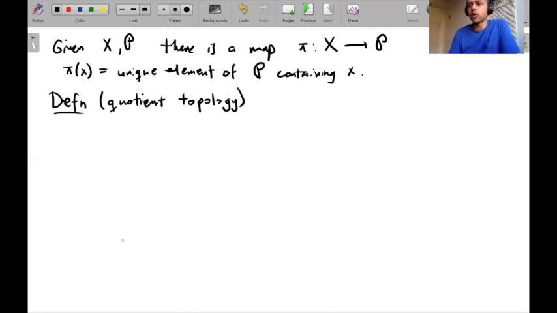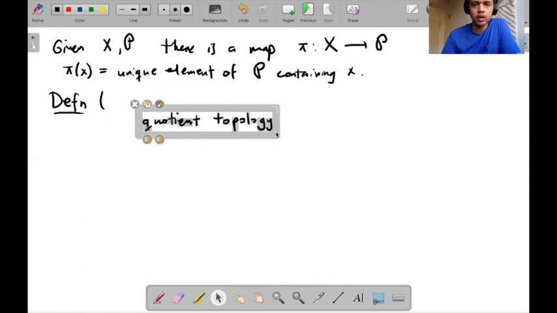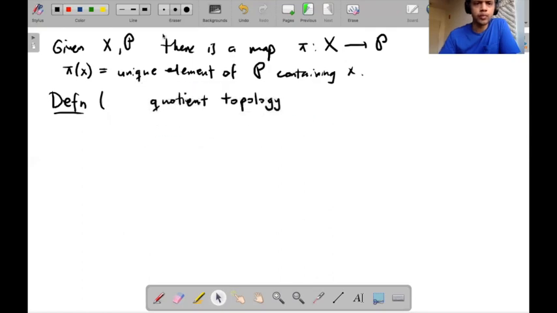Okay, and so the quotient topology is going to be a topology that makes this map continuous. So we define the quotient topology on P as follows.